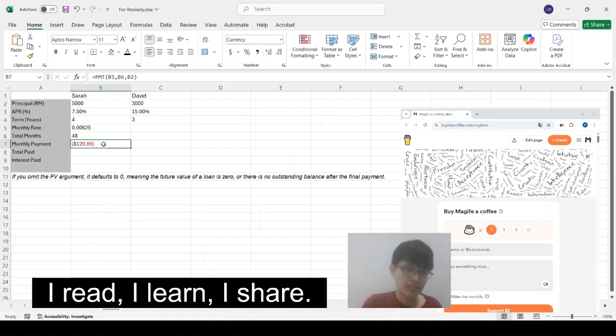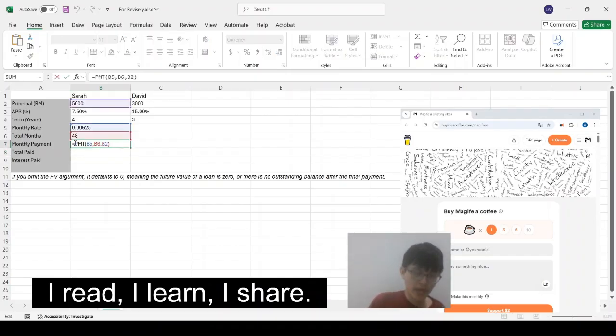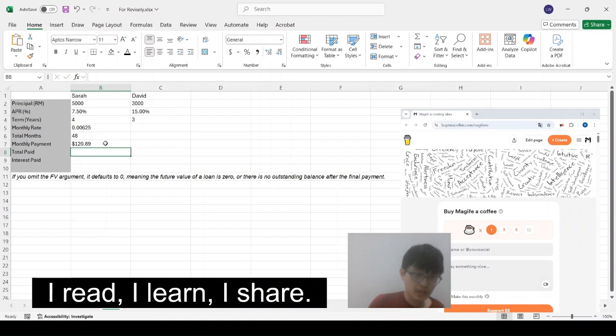When the value of money is negative, it will show in brackets and be colored red. Because I want to simplify the calculation and make it easier, I will put a minus here.